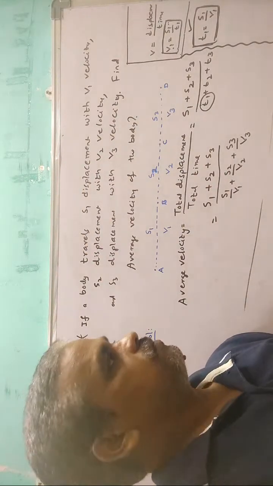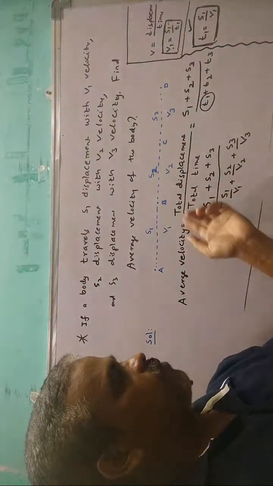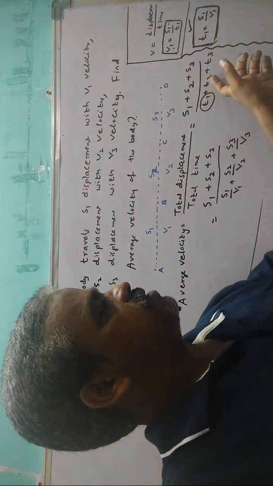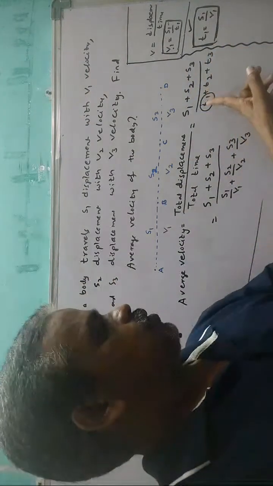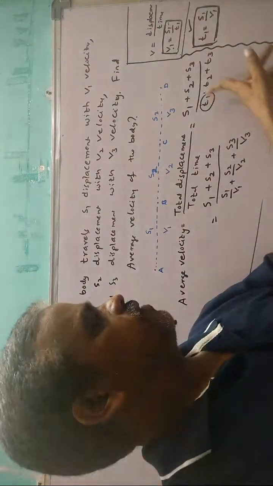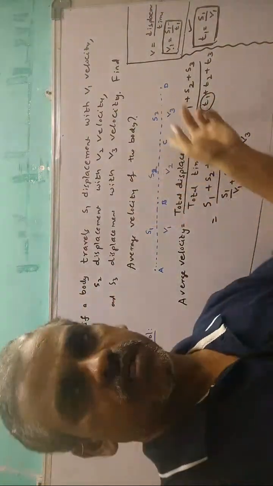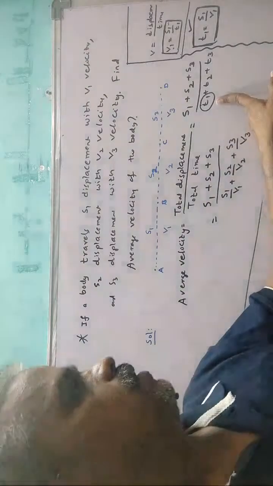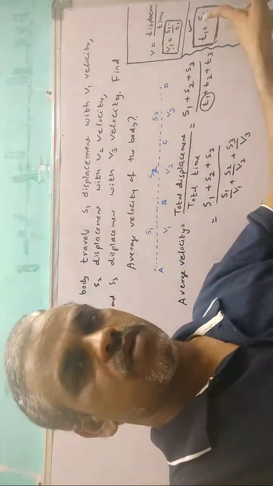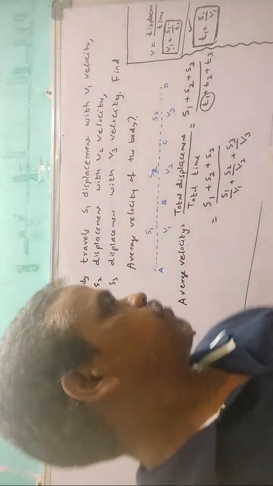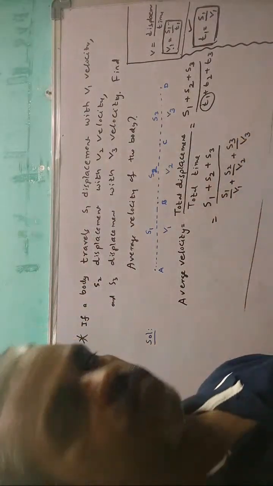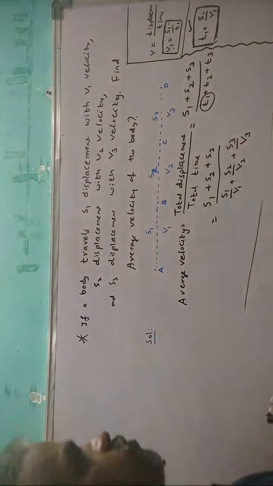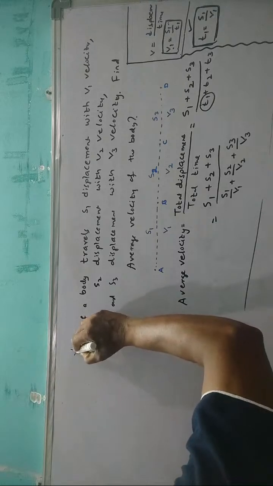In this situation, we have the formula total displacement by total time, S1 plus S2 plus S3 by T1 plus T2 plus T3. But we don't have T1, T2, T3 in this situation, so instead of T1 I am substituting S1 by V1, S2 by V2, S3 by V3. Okay. Now, this is a simple formula, very important.